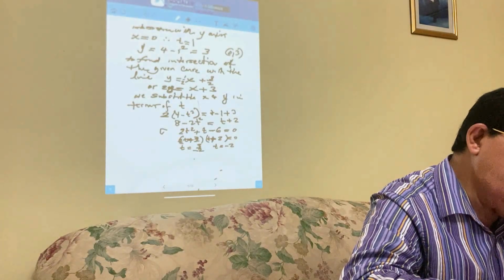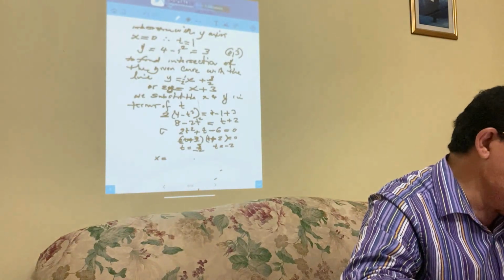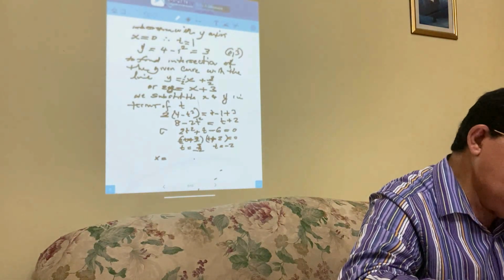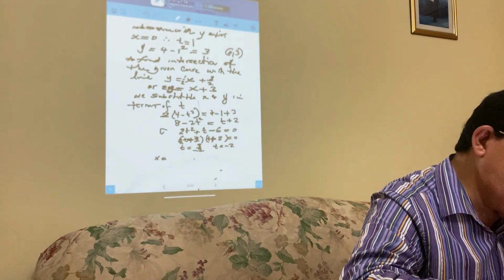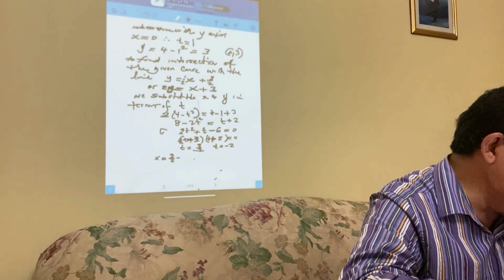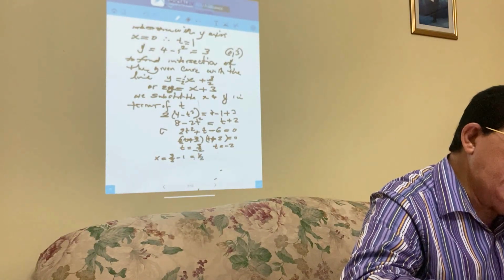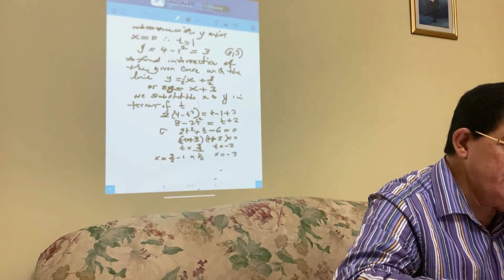Therefore, for t equals 3 over 2, x equals 3 over 2 minus 1, which equals half, or x equals negative 3.